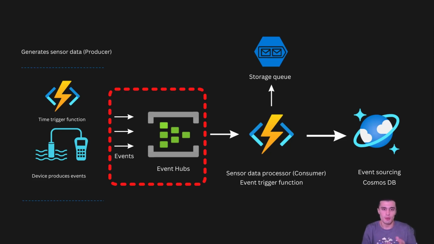For example, for Internet of Things scenarios, you can also use Azure IoT Hub. IoT Hub has built-in endpoints that are compatible with the Azure Event Hubs API. So you can use either service in this architecture with no major changes in the backend processing.